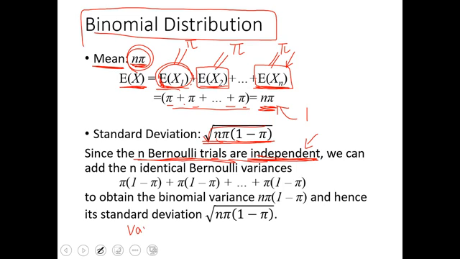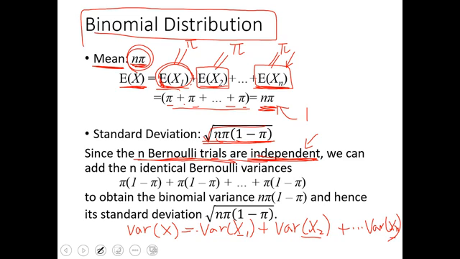So the variance of a binomial random variable X is the variance of X1 plus the variance of X2 plus ... plus the variance of Xn. And X1, X2, up to Xn are all Bernoulli random variables.